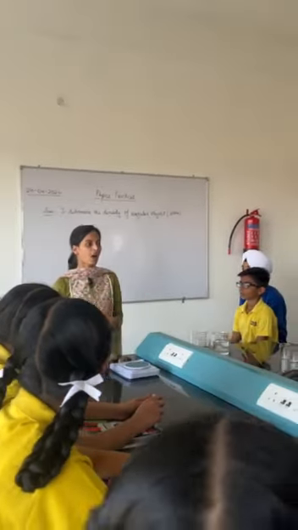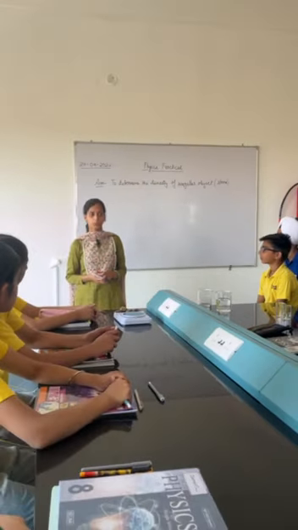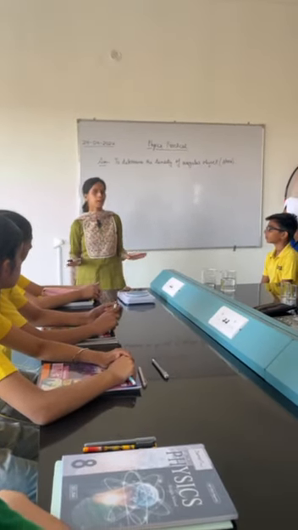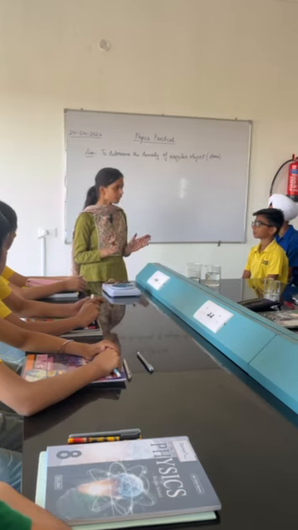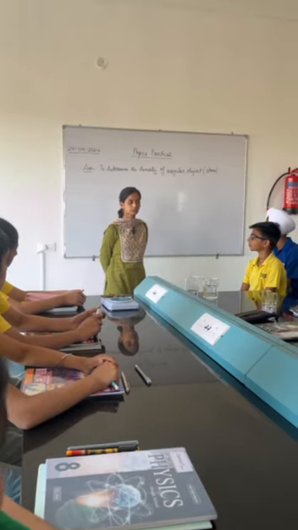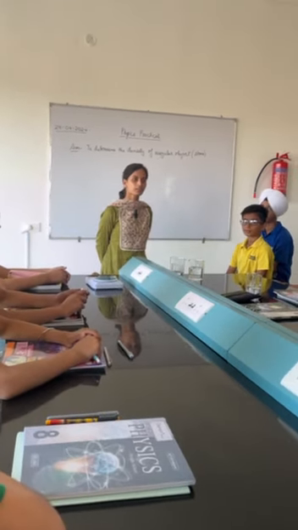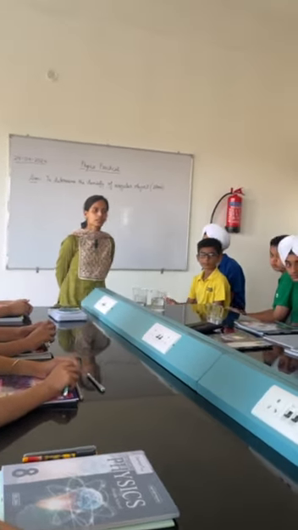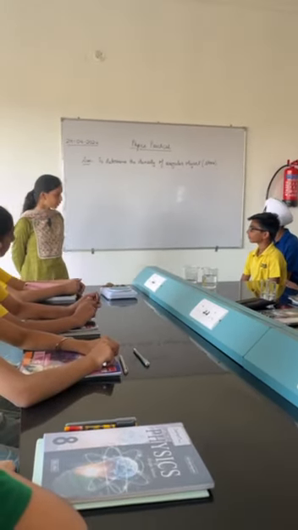If I ask you, how will you find the volume of a cube? You all know that a cube has all sides of equal size. So how will you find the volume of a cube? The volume of a cube is side cube.